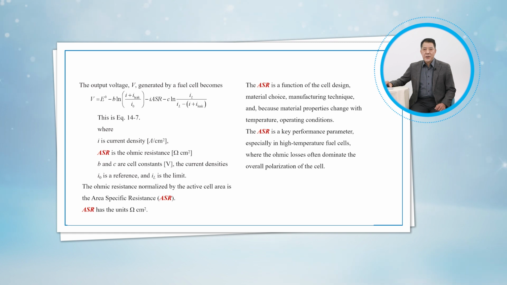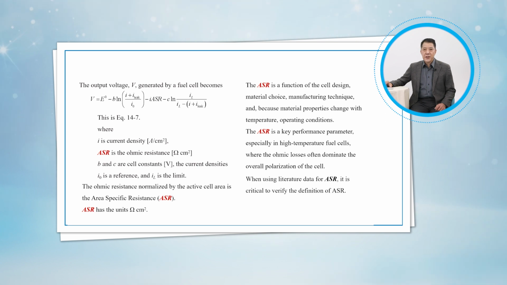Together with the resistivities of the materials used, they yield the bulk ASR. The contact resistance cannot be calculated from fundamental data and is usually determined by difference between the measured total resistance and the computed bulk resistance.